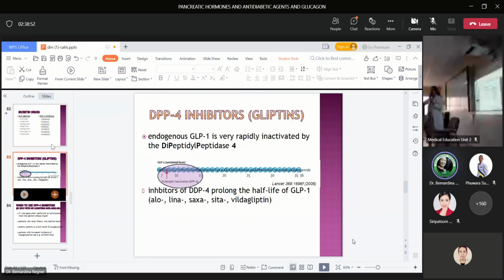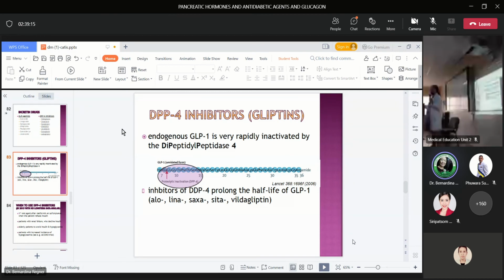Now, what are DPP4 inhibitors or your gliptins? Endogenous GLP-1 is very rapidly inactivated by dipeptidyl peptidase 4.